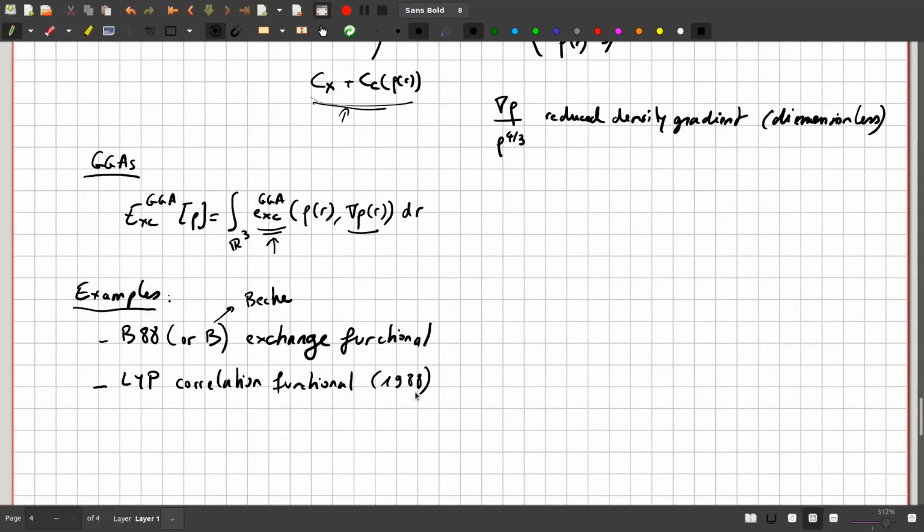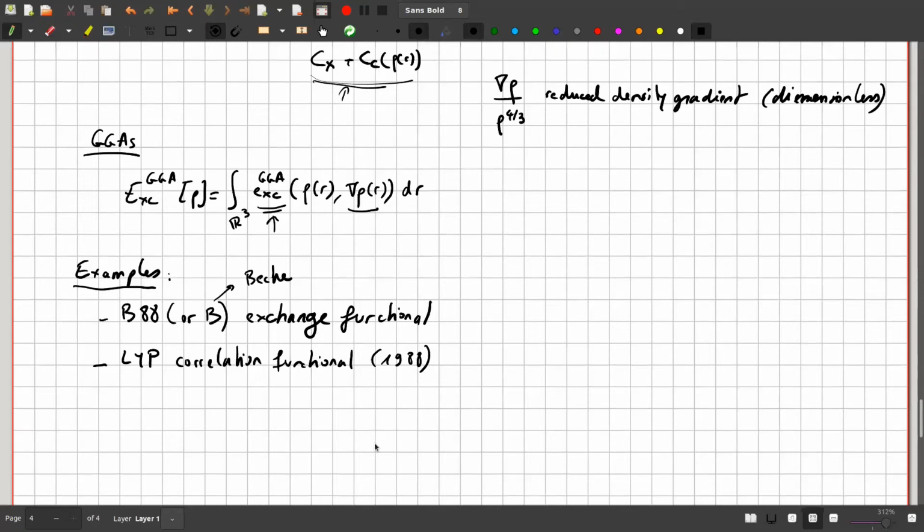And in fact, the second order derivative of the Hartree-Fock pair density. And what Lee, Yang, and Parr did was to turn this expression into a pure density functional by doing a gradient expansion of the Hartree-Fock pair density. And they obtained this correlation functional. It contains 4 parameters fitted to the helium atom.